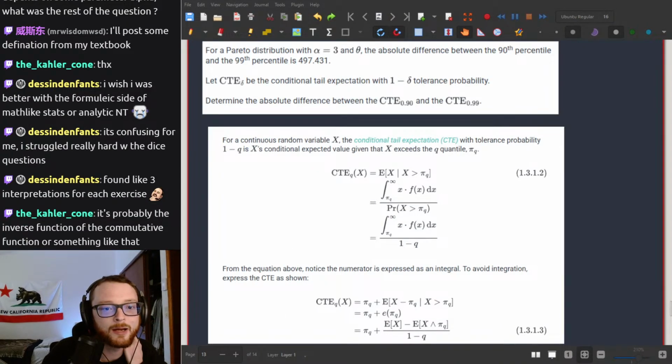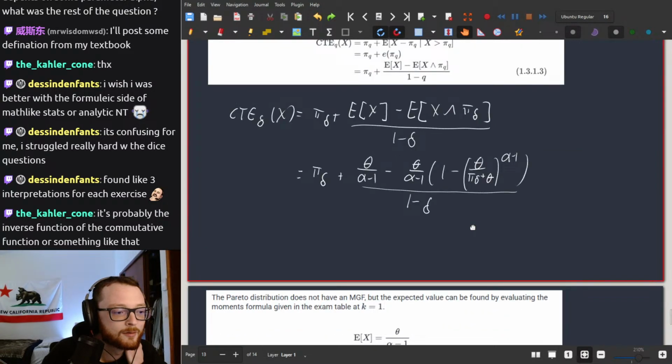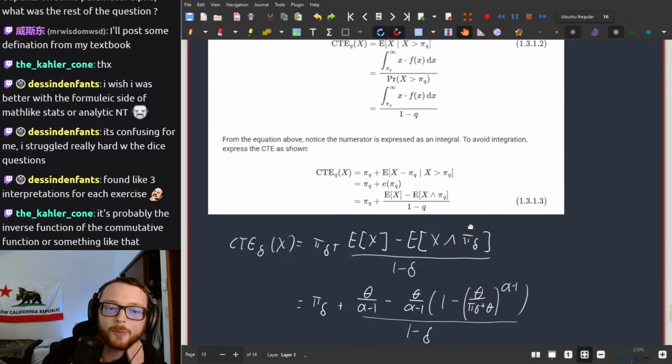So we want to do pi sub 100. Or, well, it's pi sub delta though.